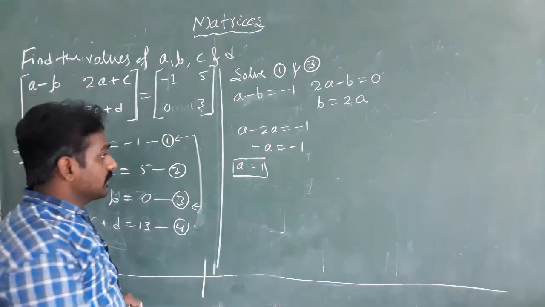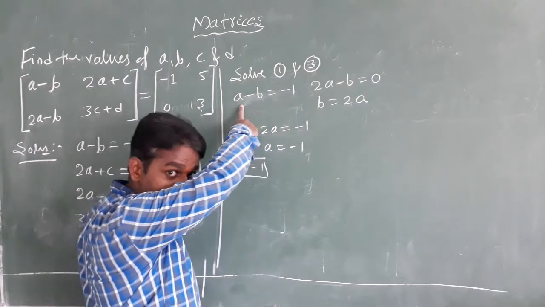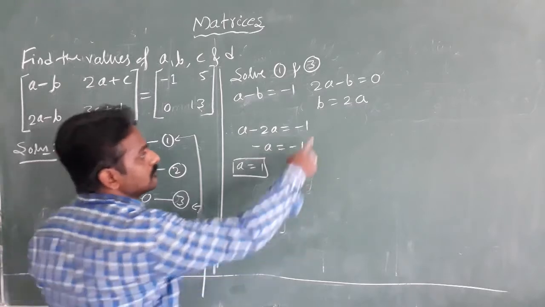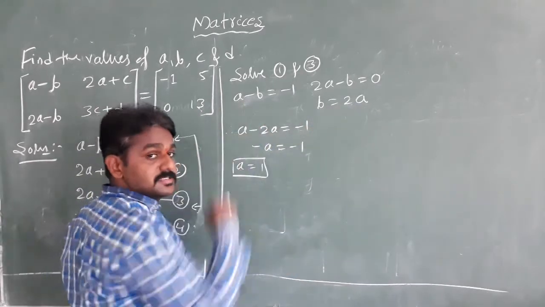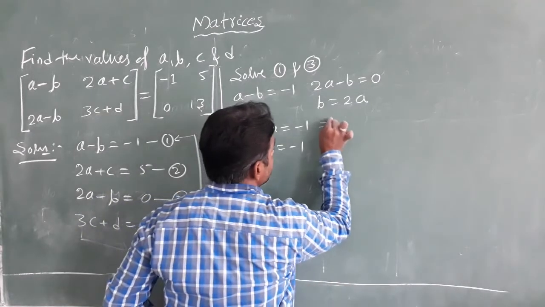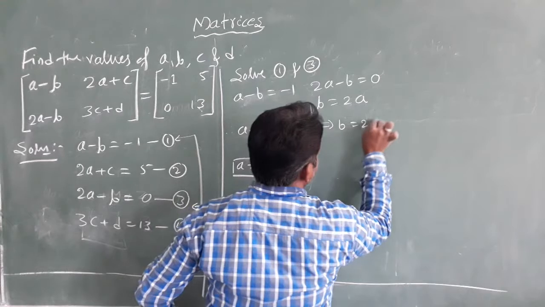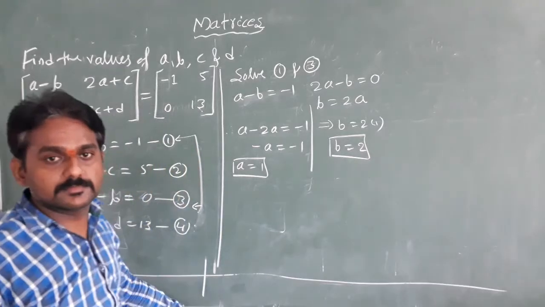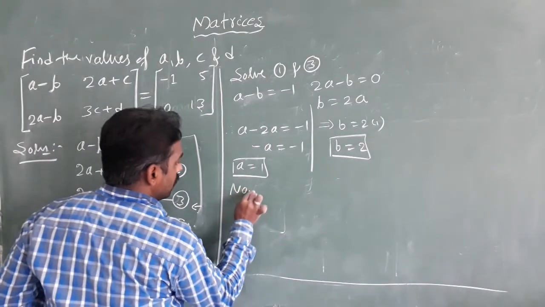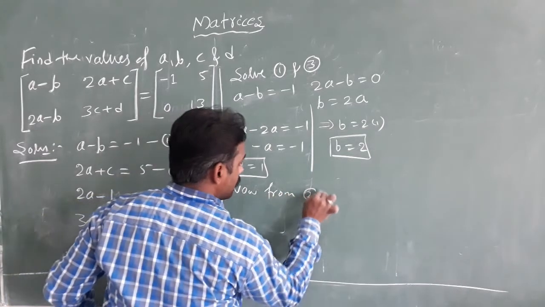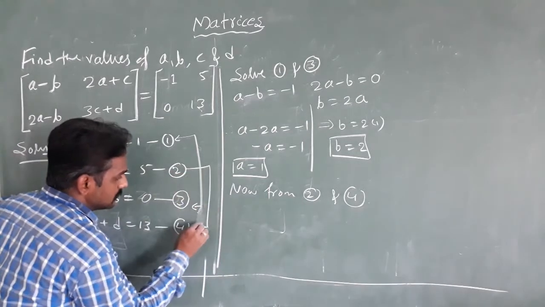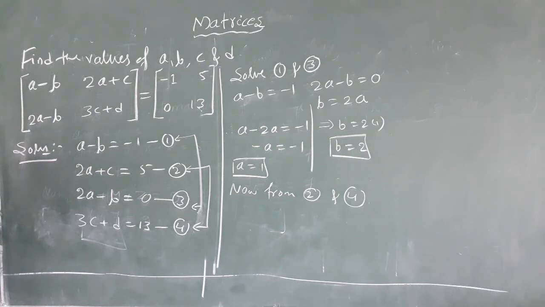If suppose A equals 1, what will we get here? B equal to 2A is there. So B equal to 2 into 1, so B equals 2. We'll get that value. Next, now from 2 and 4, these two equations, 2A plus C equal to 5, 3C plus D equal to 13.